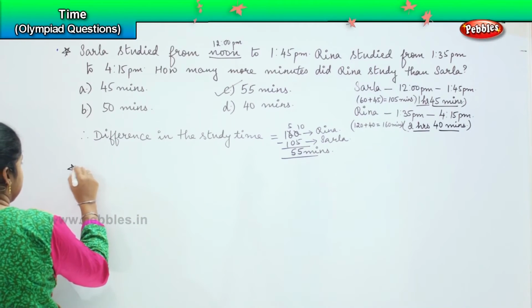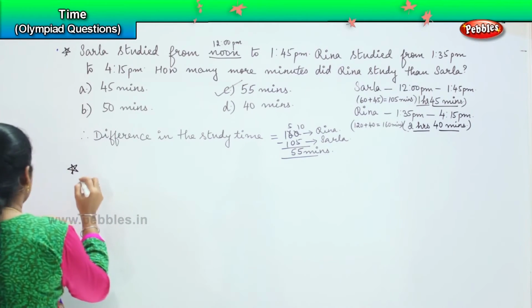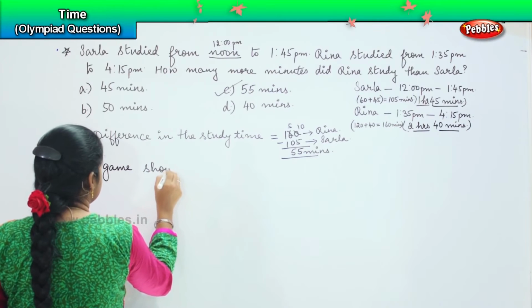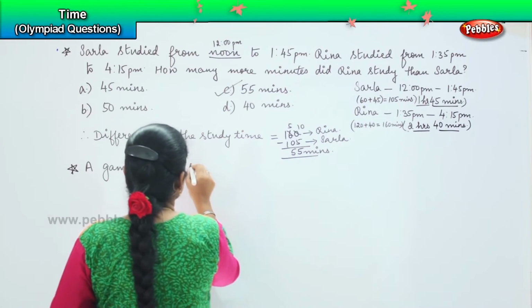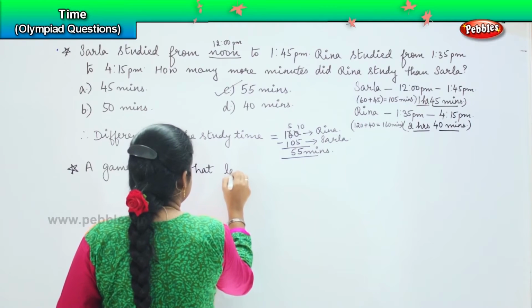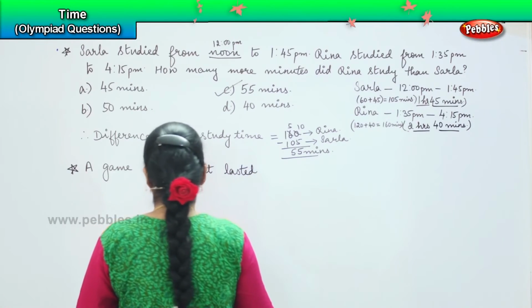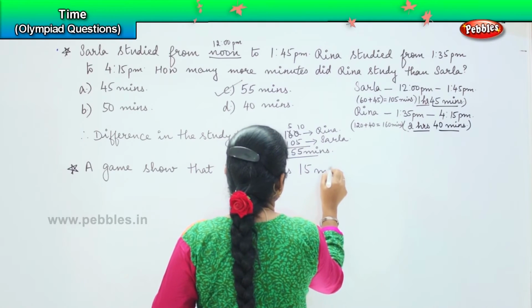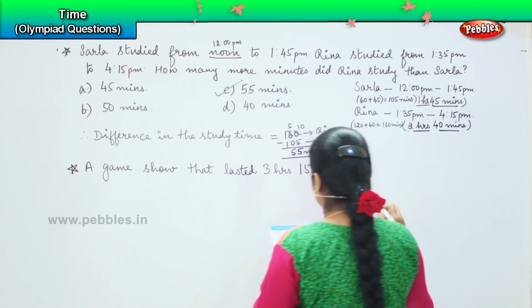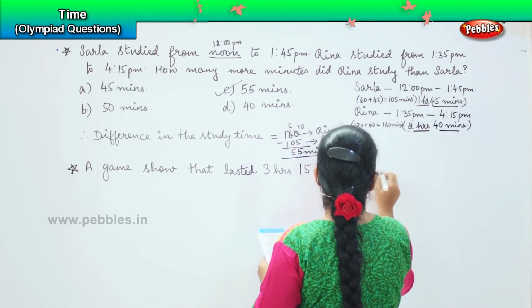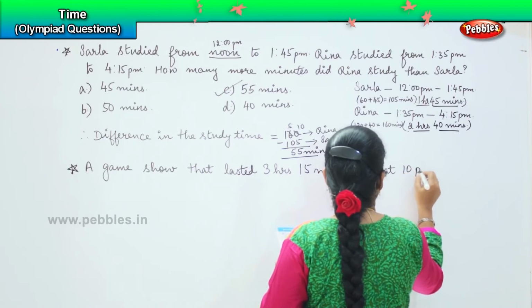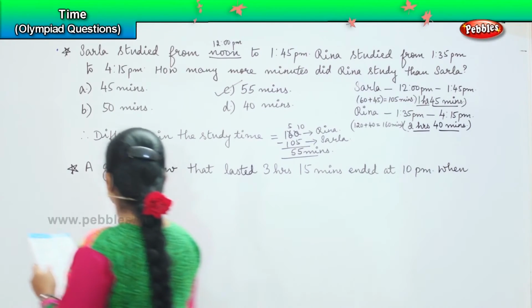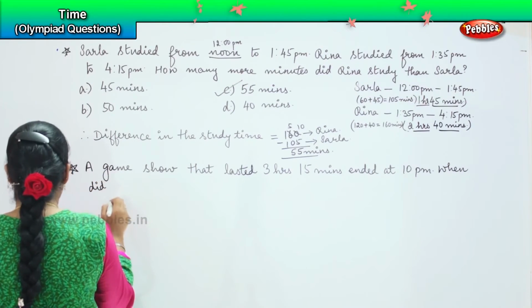The next question states, a game show that lasted 3 hours and 15 minutes ended at 10 p.m. When did the show start?